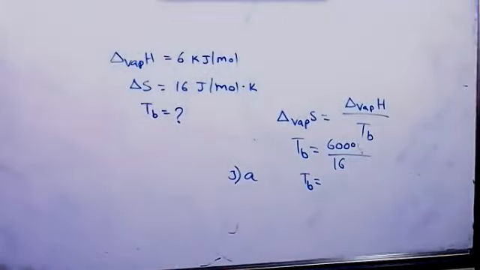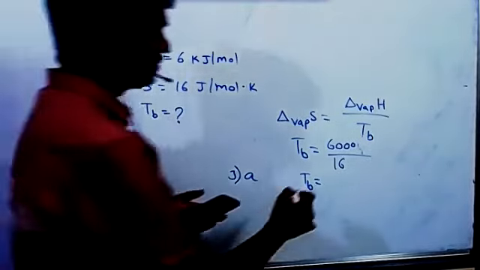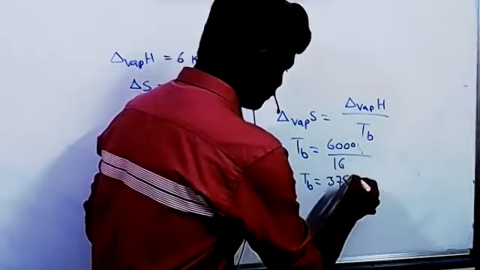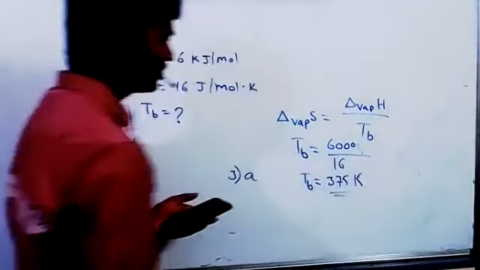The value is 375. B is the correct answer, 375 Kelvin.